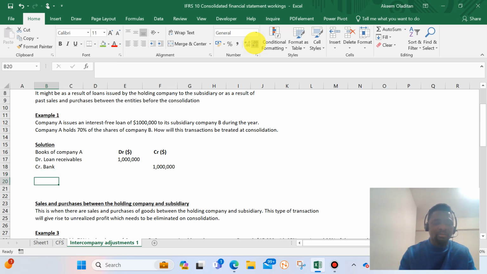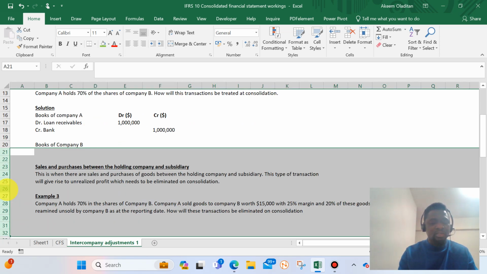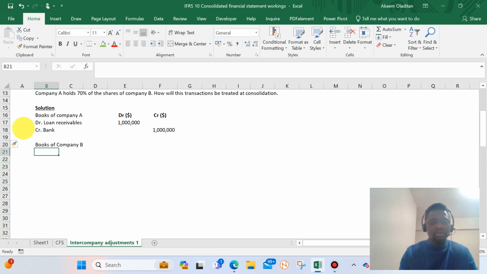So let's look at the books of Company B. In the books of Company B, we will have debited bank.